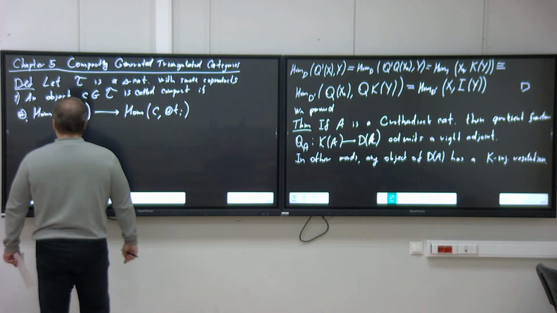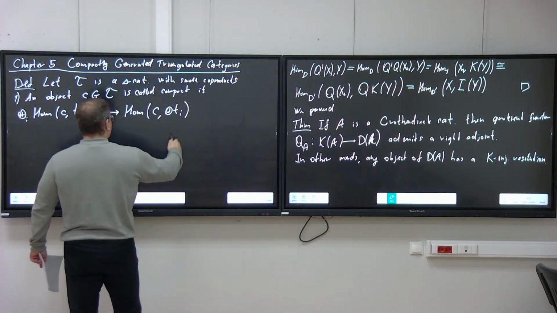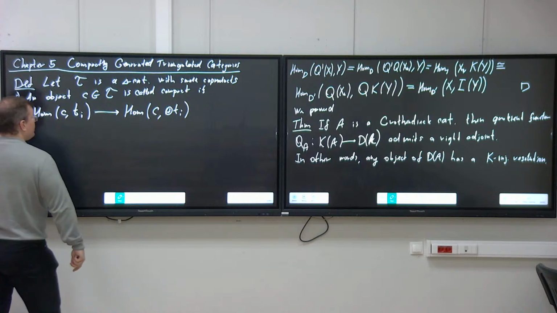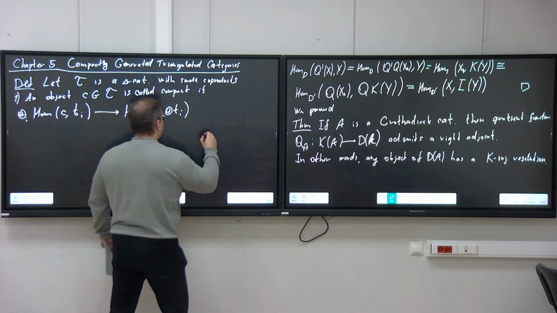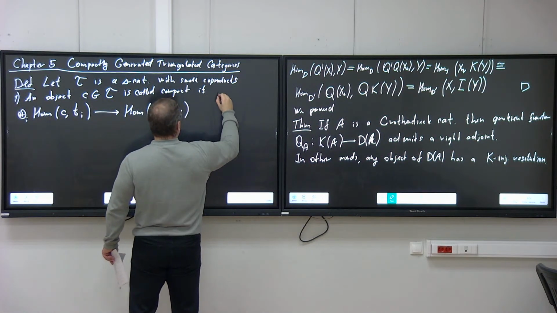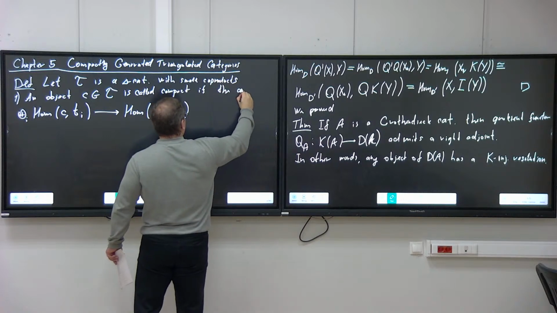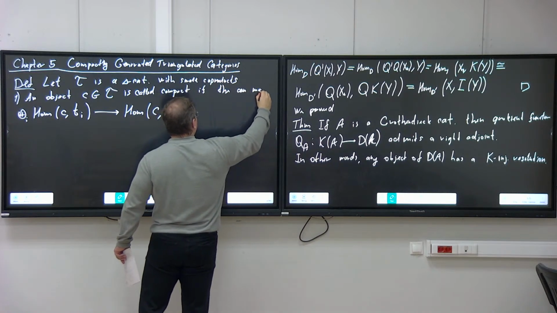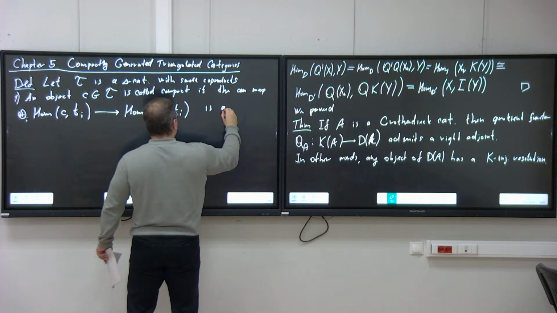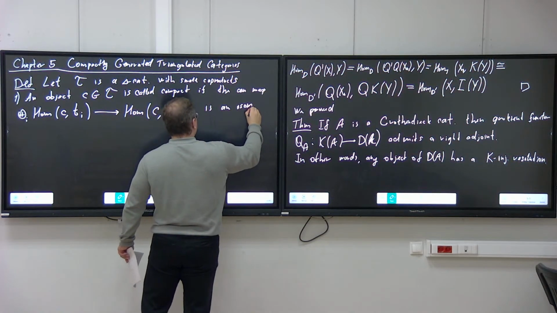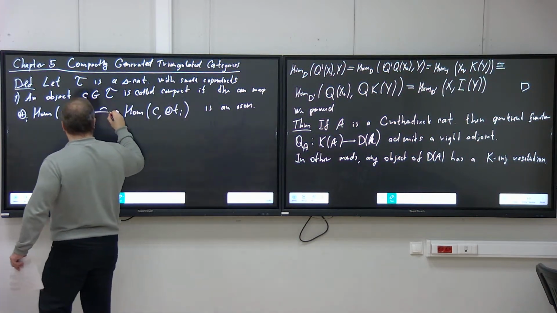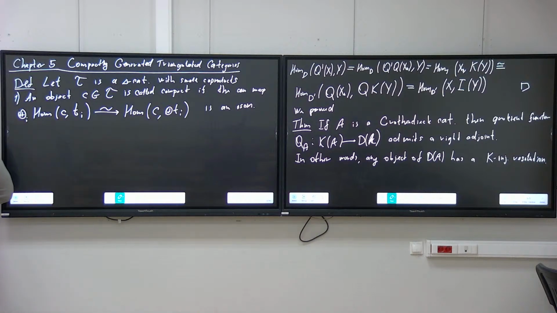So we have such a canonical map for any family of objects T_i, and this canonical map is an isomorphism. In simple terms, the object is compact if the Hom from this object in the first argument commutes with direct sums, or preserves the coproducts.